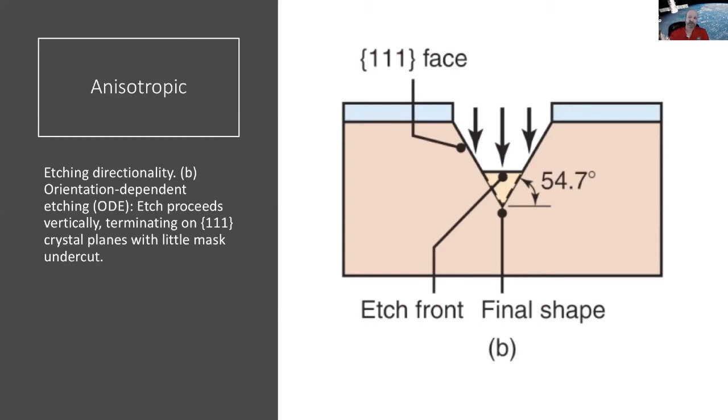Here we're etching crystalline silicon with something called potassium hydroxide. Potassium hydroxide will etch one plane a lot faster than another plane. The plane on the surface of the wafer, and we talked a little bit about that, in this case is the 100 plane.